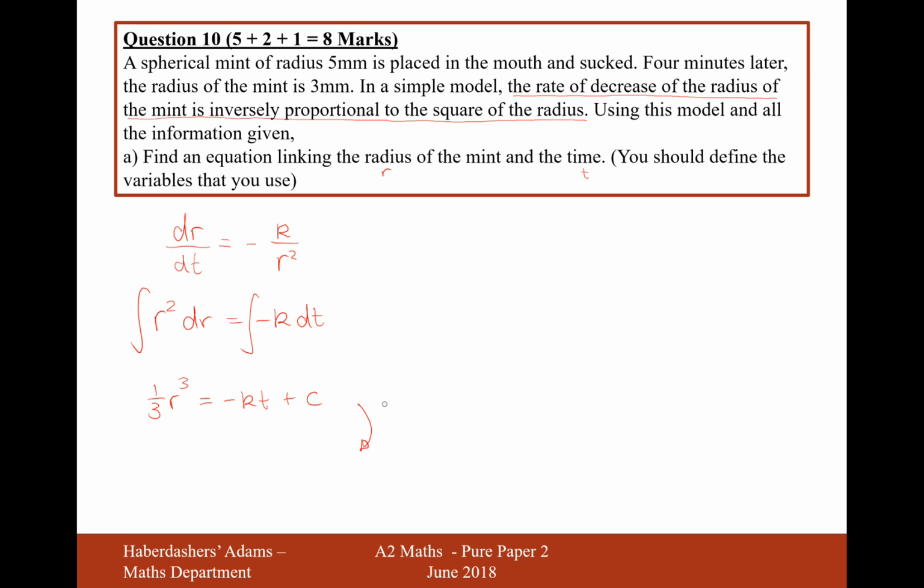We know that the radius starts at 5mm, so we know that when t is 0, r is 5. And we also know that 4 minutes later, t is 4, then the radius is 3. So plugging these two in, we can get two simultaneous equations for c and k.